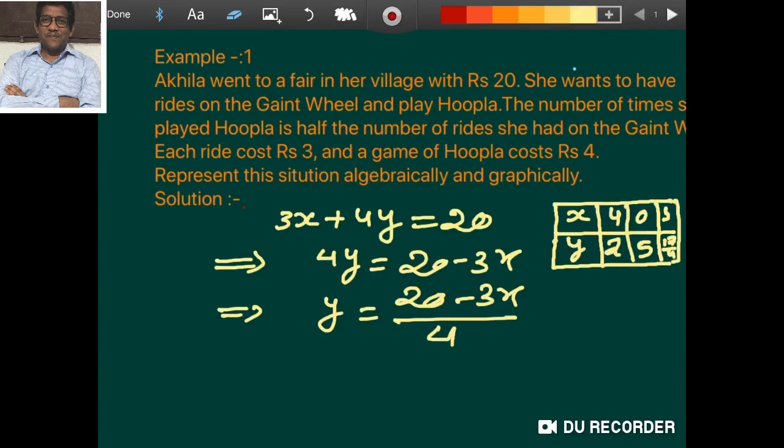Now plot the following points in the same graph or same Cartesian plane in which the straight line of equation 1 is drawn.